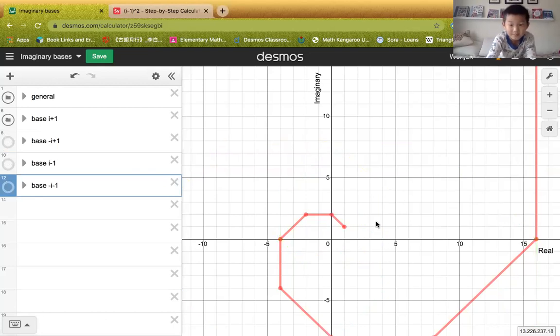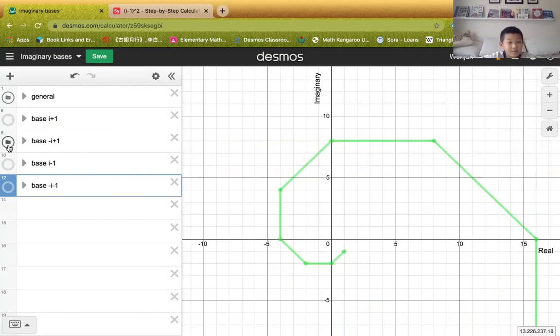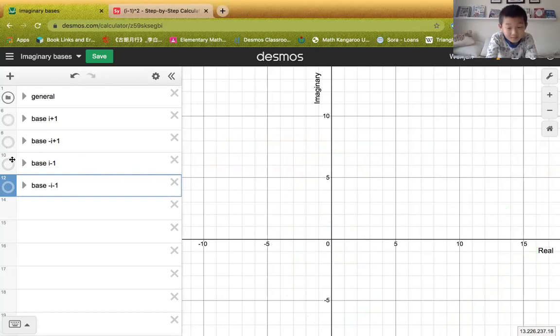Look, the red spiral is what will happen if the bank offers you an interest of i, while the green one is what will happen if it offers you an interest of negative i. Looks like the negative i thingy is better, is it?